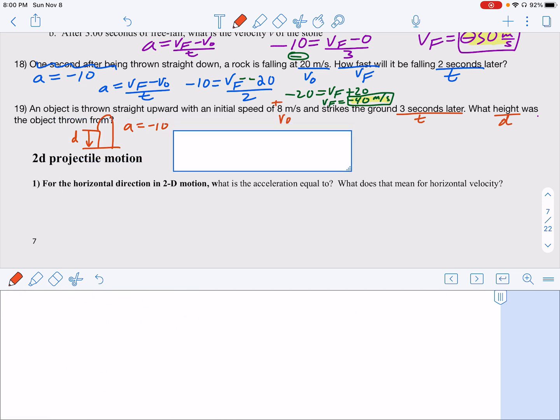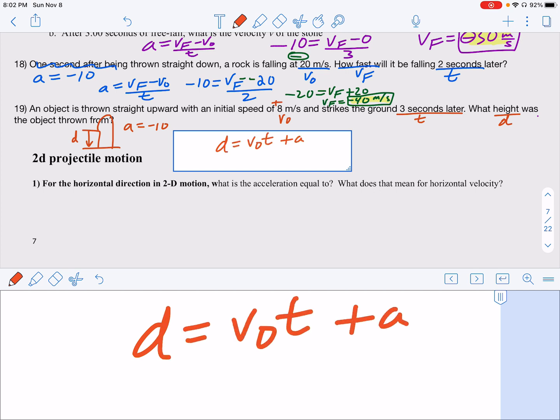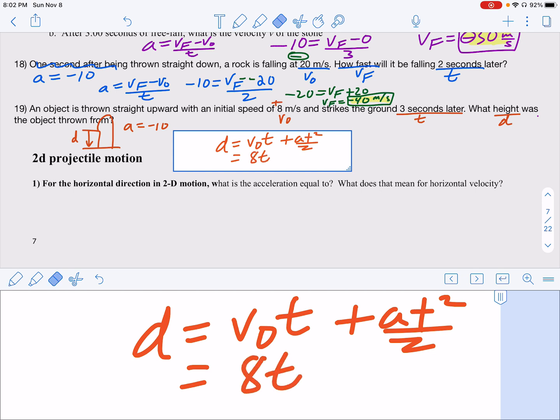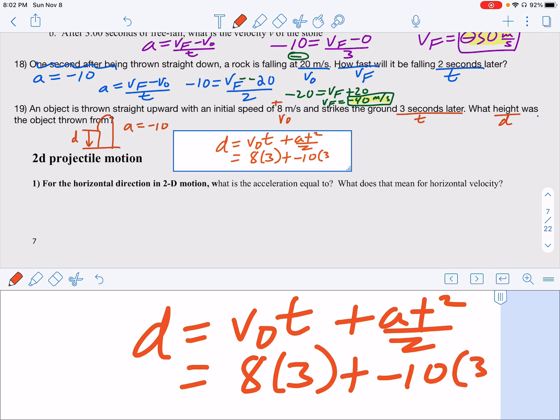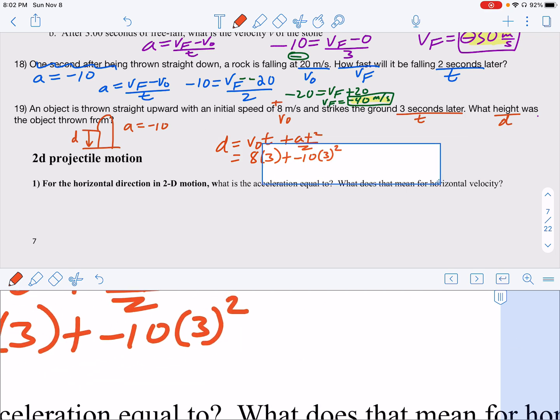So D equals VOT plus AT squared over 2. VO is 8 times T. Do I have time? Yeah, I have time, so I don't have to worry about the quadratic formula. Plus negative 10 times 3 squared over 2.